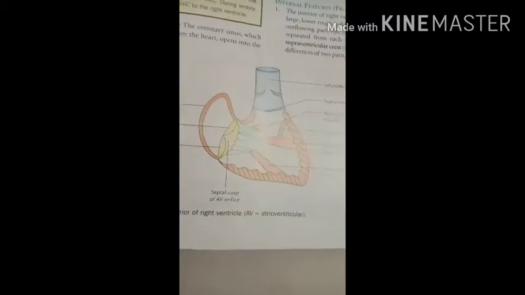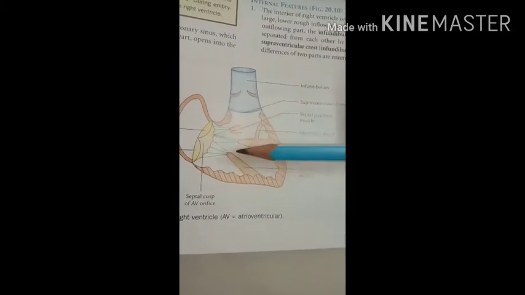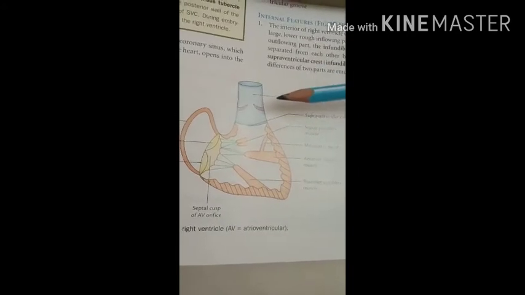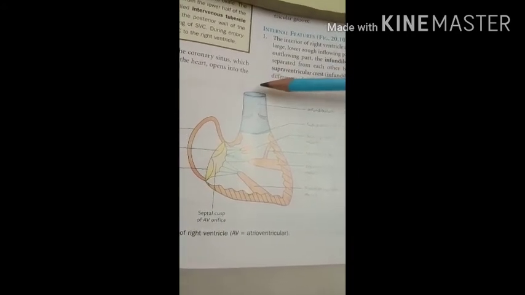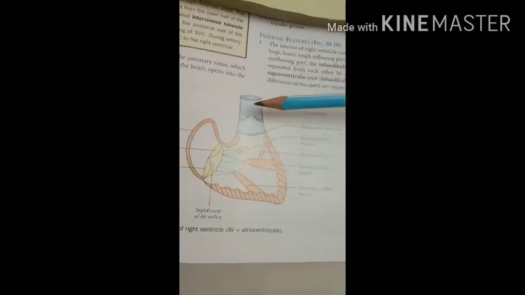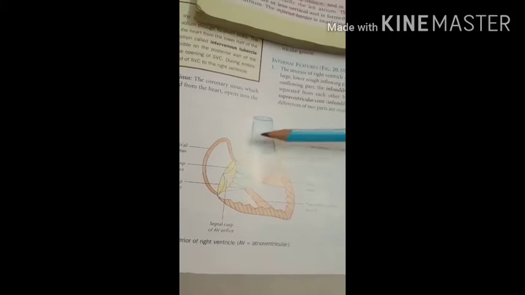Okay. Then we have to see the external features of the right ventricle. It forms the inferior border, two-thirds of the sternocostal surface and one-third of the inferior surface of the heart, which is called the diaphragmatic surface.